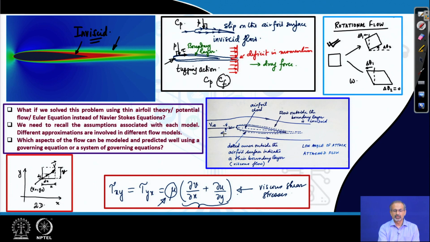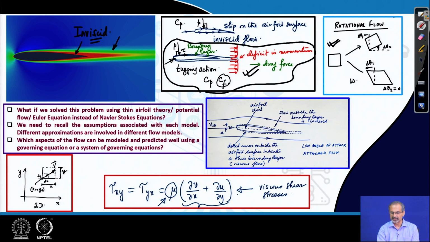But next to the airfoil and in its wake region, for example, you have a situation more like this in the lower figure. As I was saying, there is a deficit in momentum in the wake region, and that helps us to evaluate the drag force.